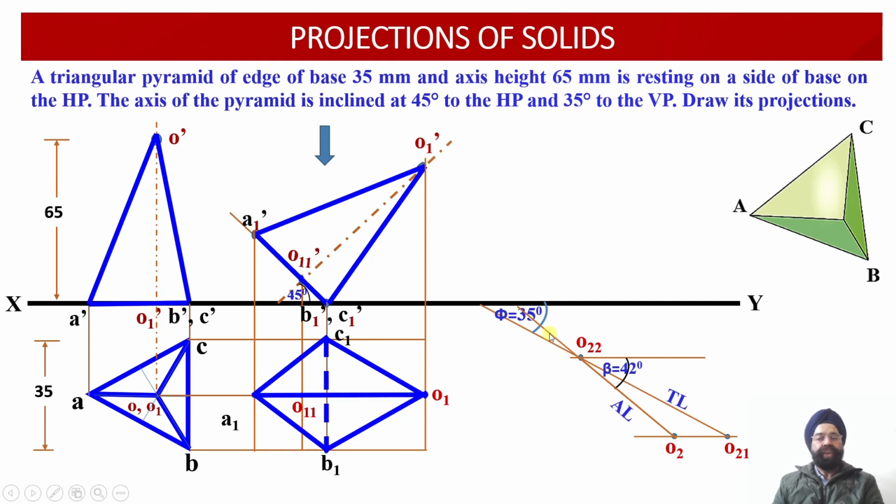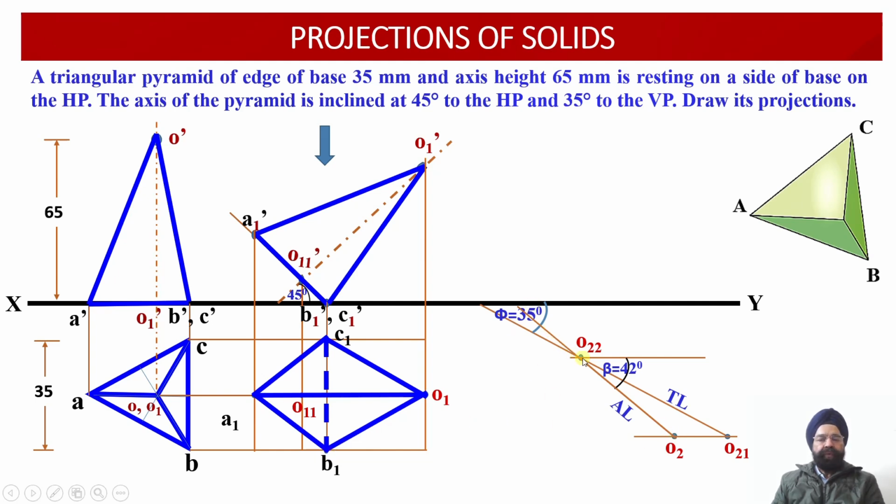With respect to this orientation line, that is O22, the figure which we had obtained earlier, the plan projection, needs to be reoriented. Once again we are going to mark all these points into this plan projection view.